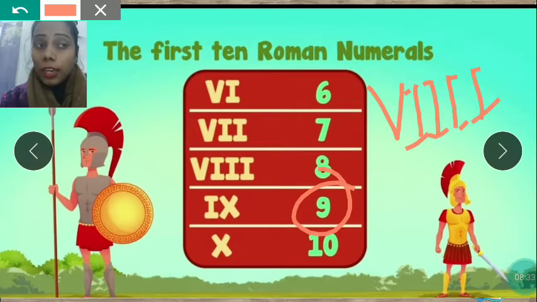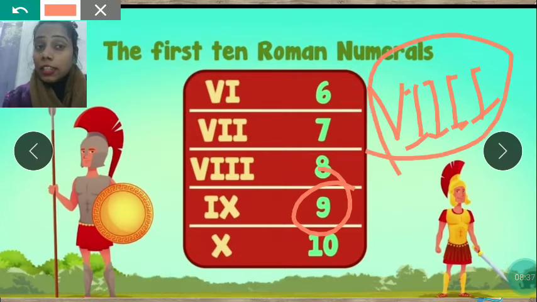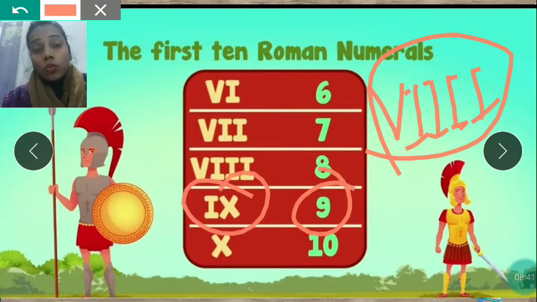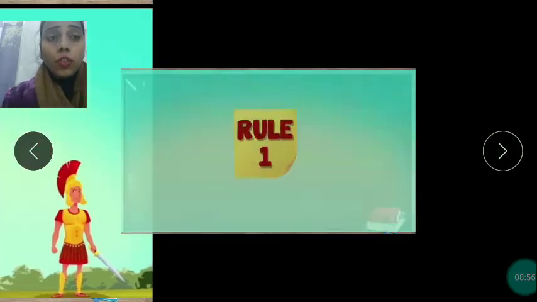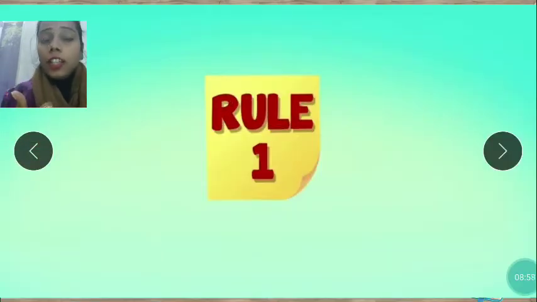We can write 4 I's, so why can't we? Why can't we write 9 in this way in Roman numerals? We will discuss in this class why we will not write like that, and what the rules are. As well as, to write the Roman numeral for 10, we will write X, student.